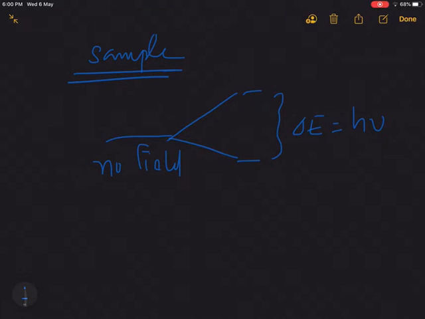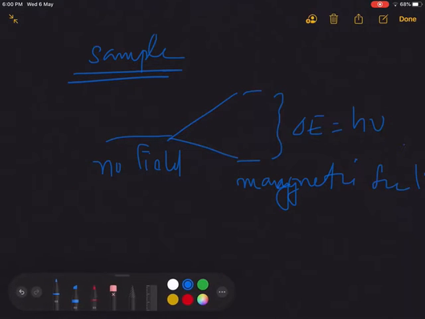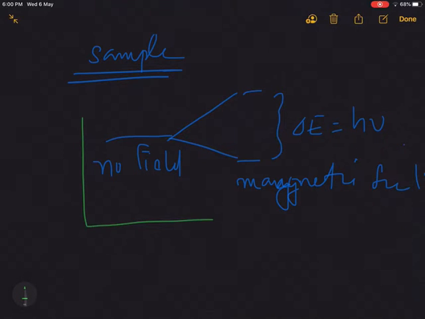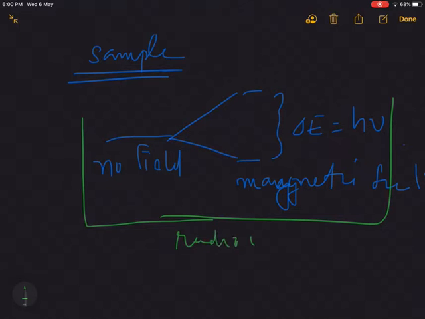Here a magnetic field strength is given, and the instrument supplies radio frequency radiation. So the radio waves are given to the sample.